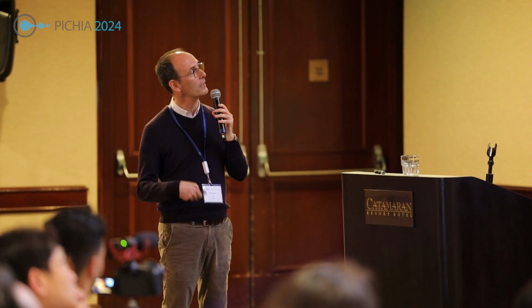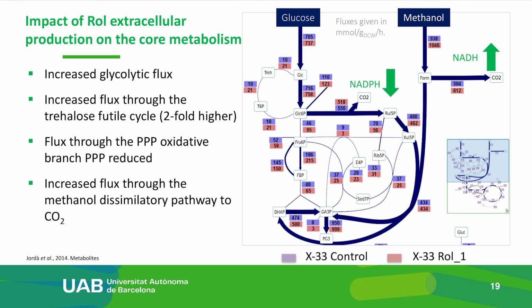Doing metabolic flux analysis, we could see that in the producing strain the glycolytic flux was increased. We also saw an increase in the methanol that is directly oxidized to CO2, while the pentose phosphate pathway is reduced.